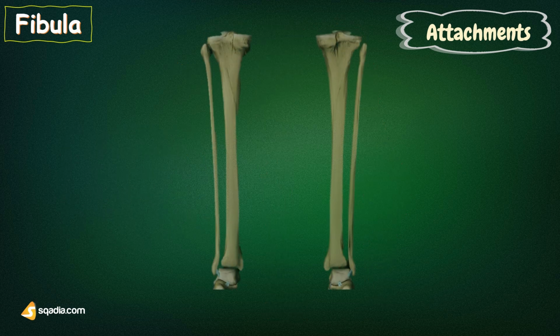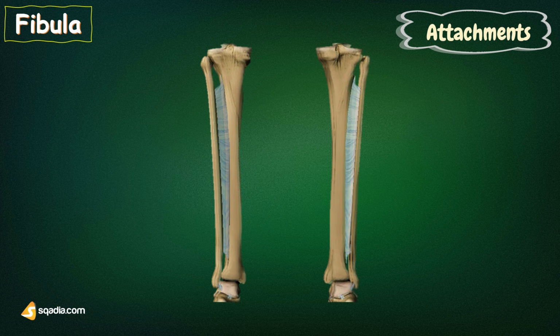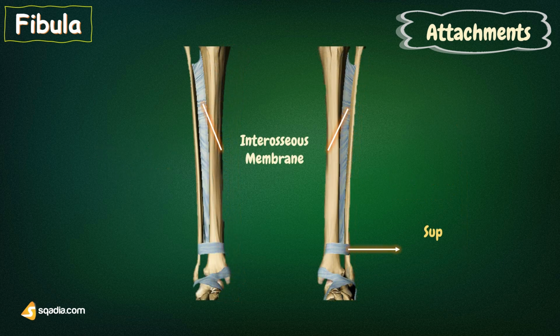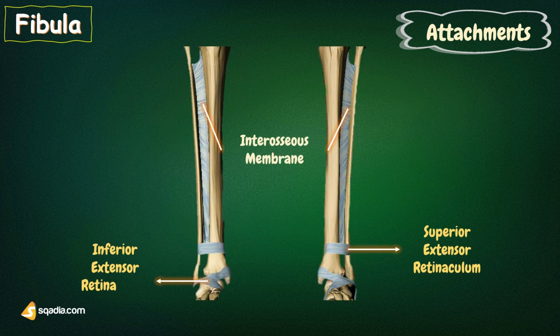Other than these muscles, the fibula also gives attachment to other structures such as the interosseous membrane at the interosseous or medial border of the fibula, the superior extensor retinaculum and the posterior intermuscular septum, and the ligament attachments at the lower end of the fibula are shown here.